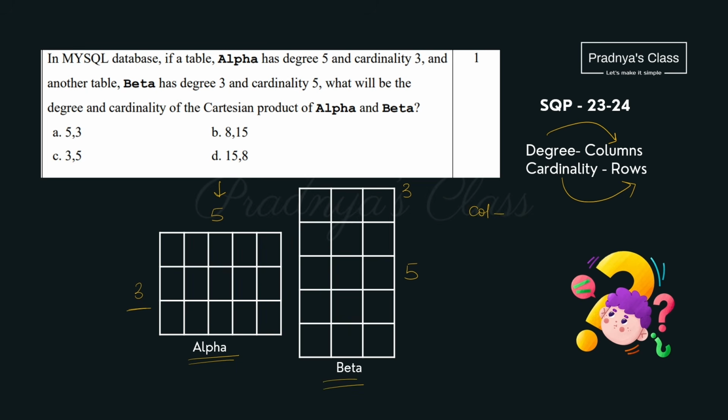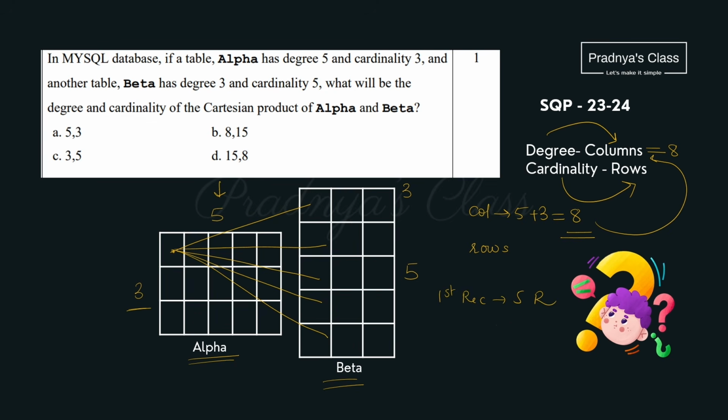When we talk about columns, they will get added, 5 plus 3. So the total number of columns is 8. Columns are nothing but degree. We got degree, that is 8. Now let's calculate rows. In case of Cartesian product, the first record will get matched with all the records of the second table. It means for the first record, you got total 5 rows.